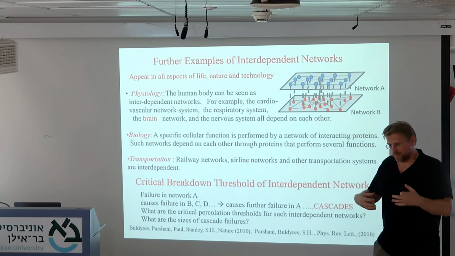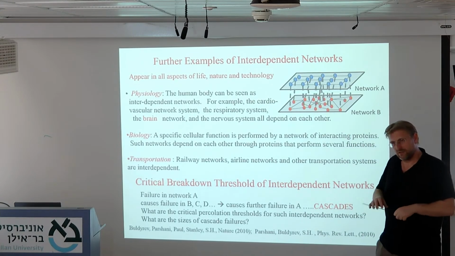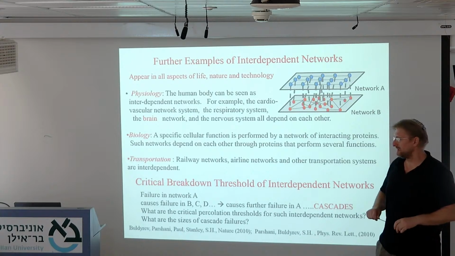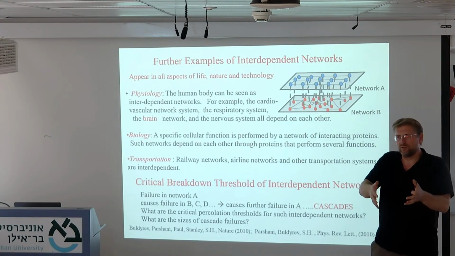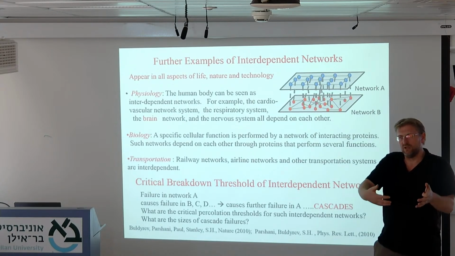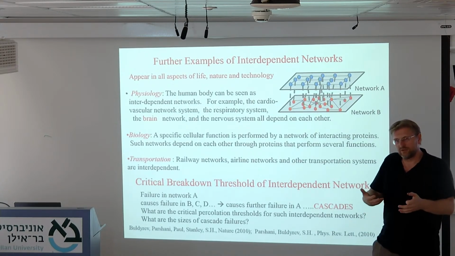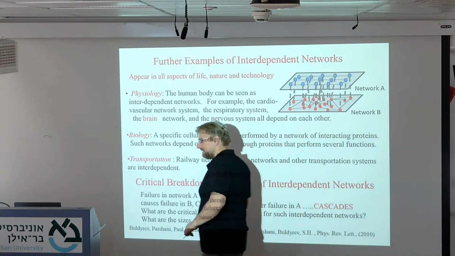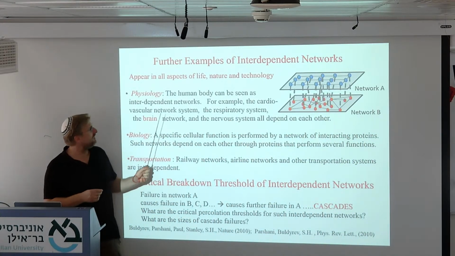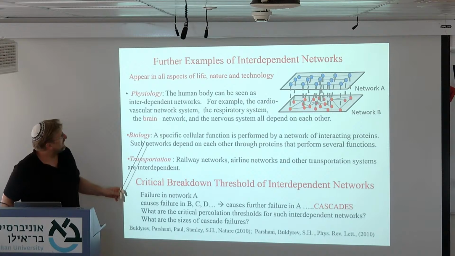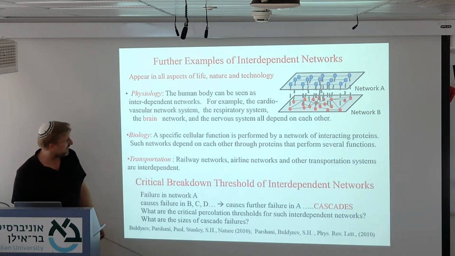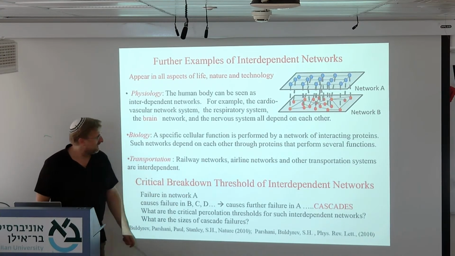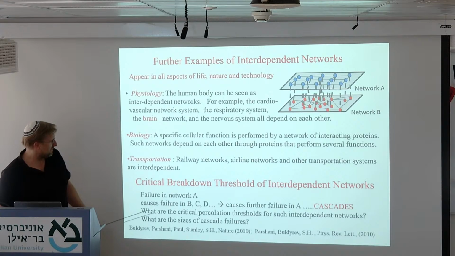Everything is connected with everything in the body, and it is important for physicians to understand where to help first, I mean, which link is the most important, so to say. So this is one example of an interdependent network in physiology. You have also in biology, you have transportation, railway networks are connected with airline networks and so on.